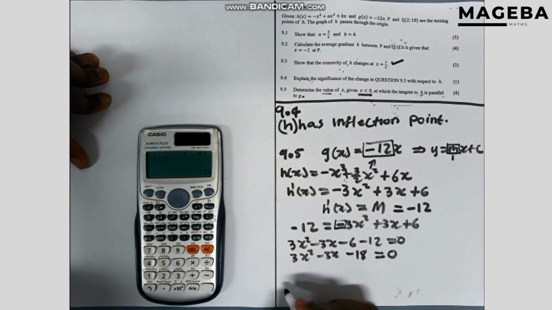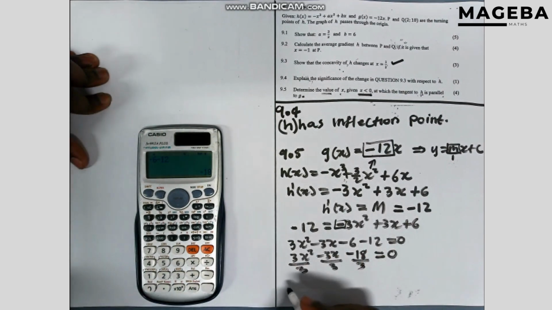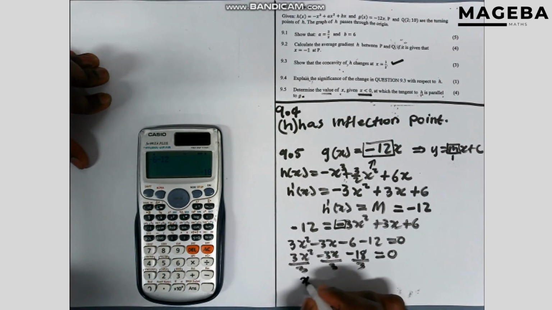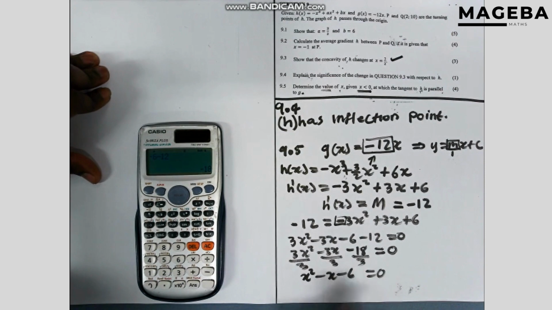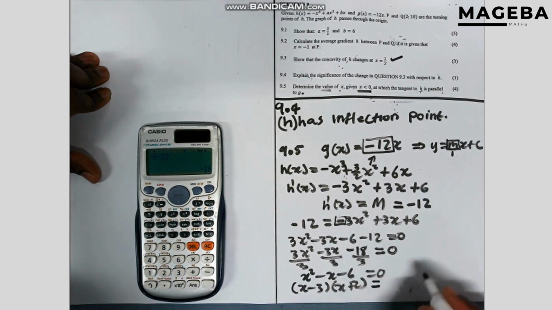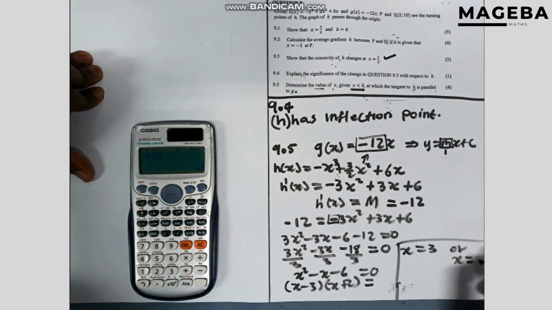Then from here we can divide by 3, because 3 goes into all of these coefficients. So we're going to have x squared minus x minus 6 equals 0. Then from here we can factorize this. We're going to have (x minus 3)(x plus 2) equals 0. Then from here we know that our first x is equal to 3, and the second x is equal to negative 2.